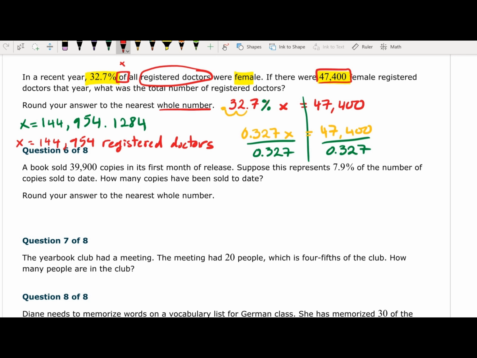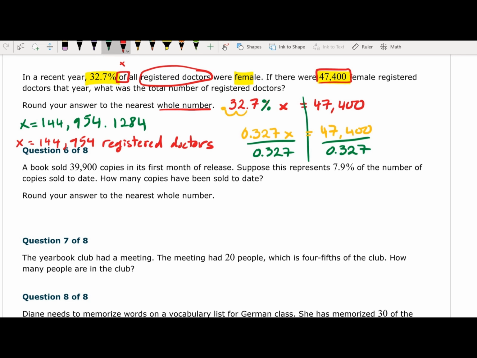Alright, we're heading to problem 6. A book sold 39,900 copies in its first month of release. Suppose this represents 79% of the number of copies sold to date. How many copies have been sold to date? Round your answer to the nearest whole number.